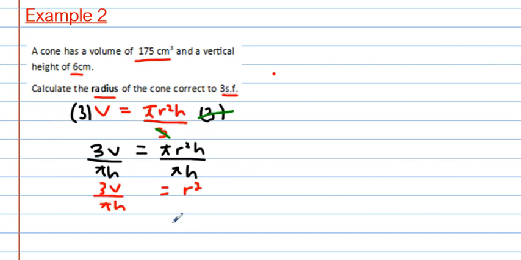Okay, and then if I square root both sides, I will have r to be the square root of 3v over pi h.